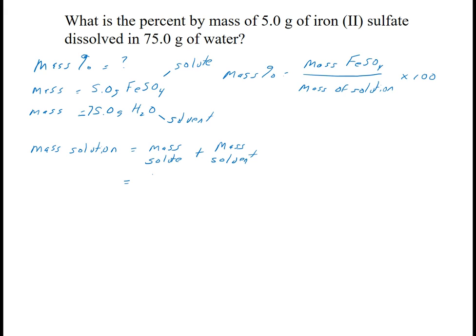So in this case it's going to be 5.0 grams plus 75.0 grams to give me 80 grams. So therefore, plugging numbers in, I have 5.0 grams divided by 80.0 grams times 100, and when I do that math I get 6.25%.